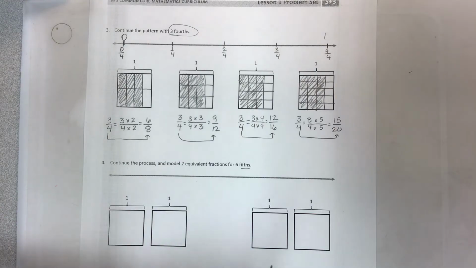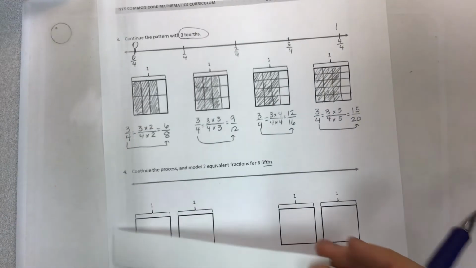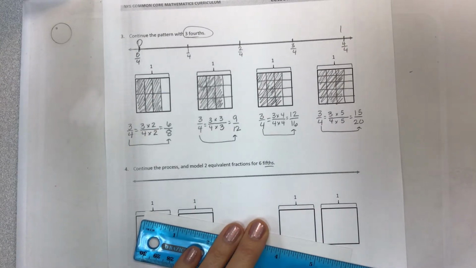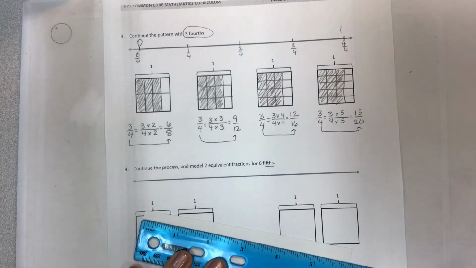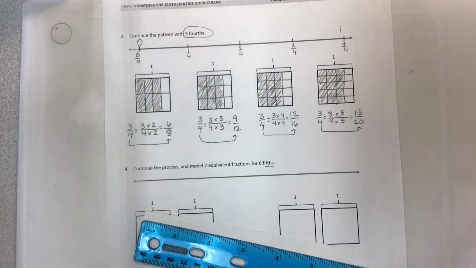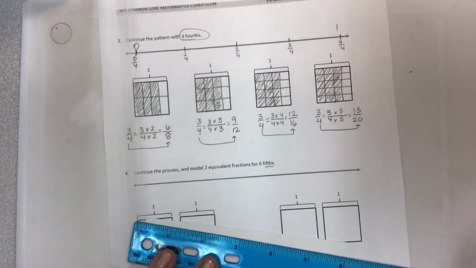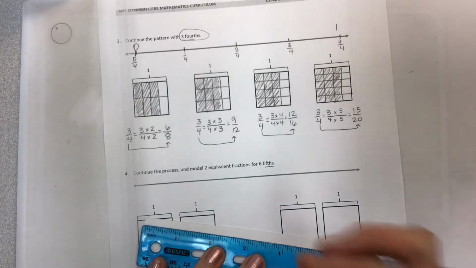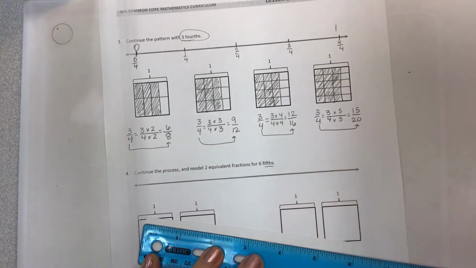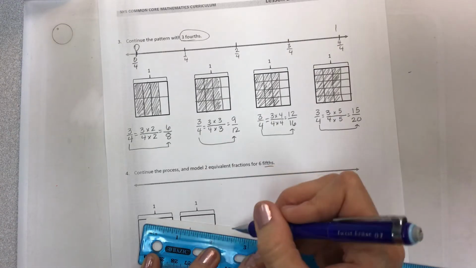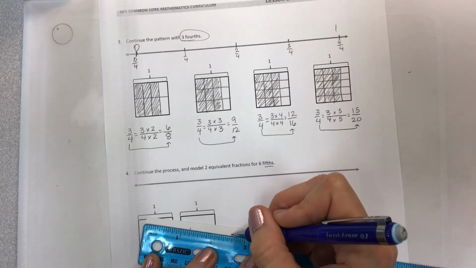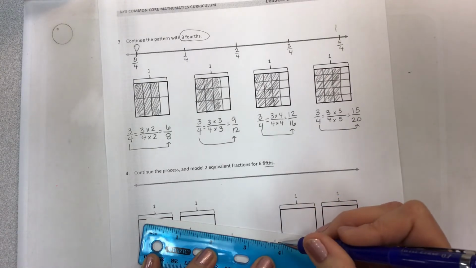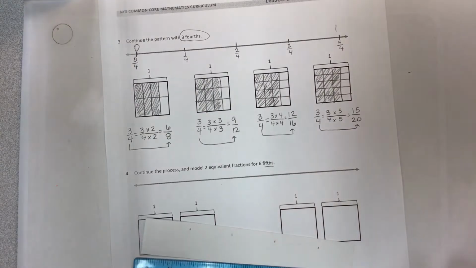So one thing we noticed when creating fraction strips for 5ths, if I had a 6-inch piece of paper and I needed 5 pieces, then we figured it was about 1.25 inches, 1, and then 1/4, 2, there, and then 3/4 there.